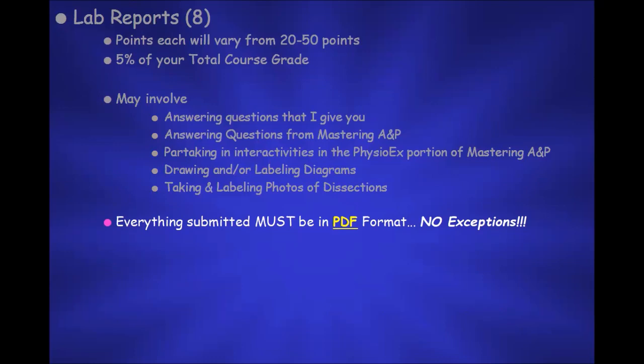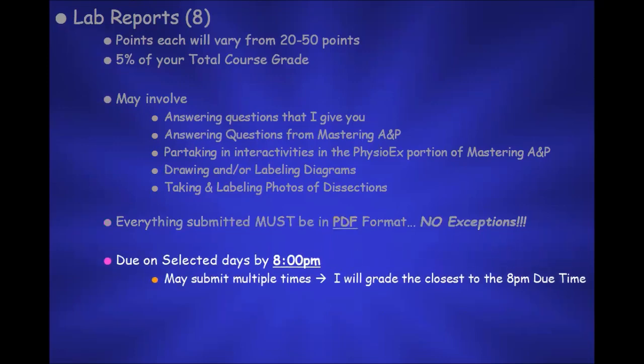However, if you convert it to PDF, what you see in PDF format is going to be exactly the same that the other person is going to see. So it needs to be in PDF format. If it's not in PDF, I'm not accepting it. You'll get a 0. So it has to be in PDF. And you can do all that in PDF if you want to save it as PDF.